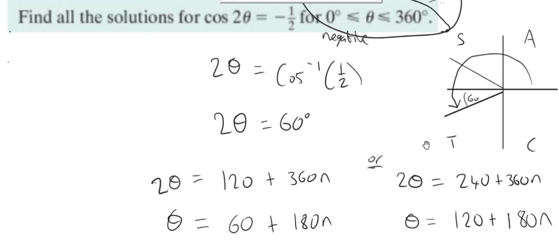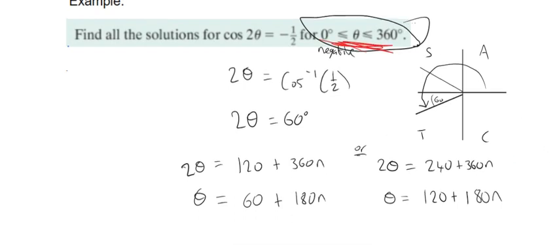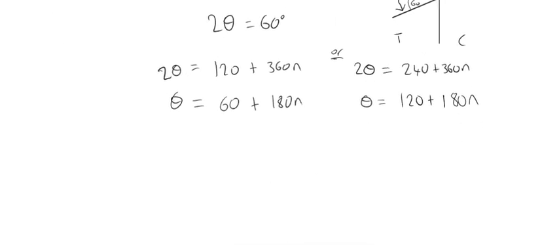And that's our general solution then for this. Now it does say though that theta has to be in between 360 and 0 here. So if you look back at the question, so if it's in between 360 and 0, well, let's find some values then. So we know that n is just any number. So if n is 0, well then it would just be 60 plus 180 times 0, wouldn't it?